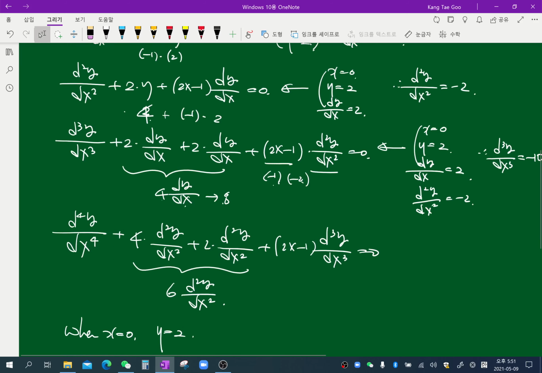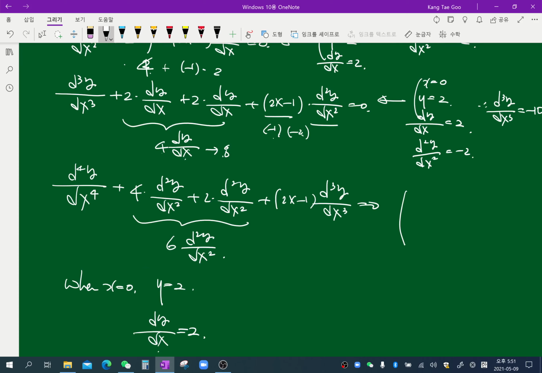And then we can plug everything in here: x is 0, y is 2, y prime 2, y double prime minus 2, y third derivative goes to be negative 10. We plug everything in, then this one is minus 12, and then this one is minus 1, and then this one is minus 10, plus 10 minus 2, so that the y fourth derivative goes to be 2.